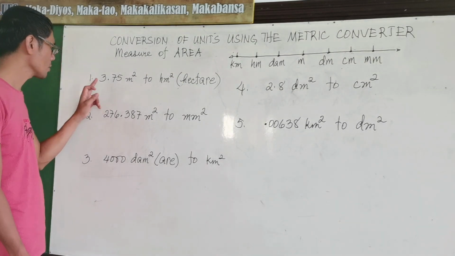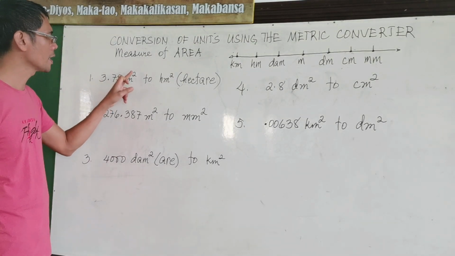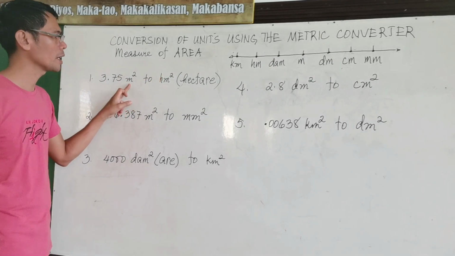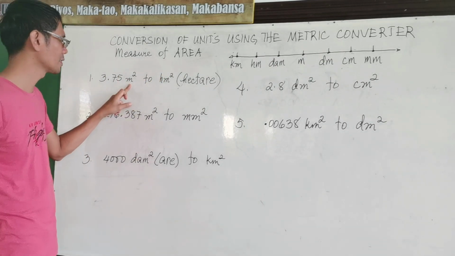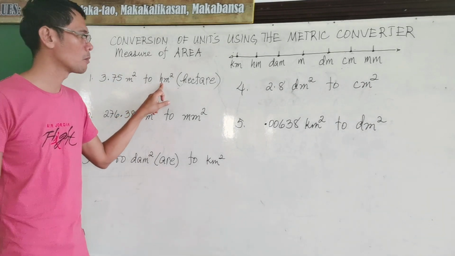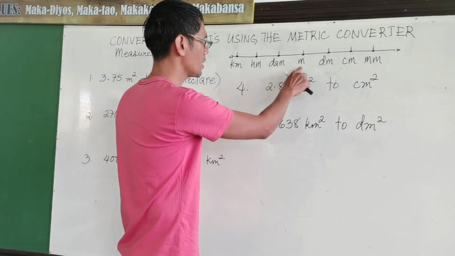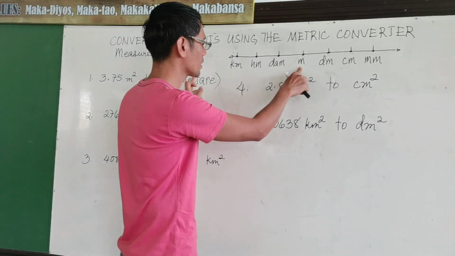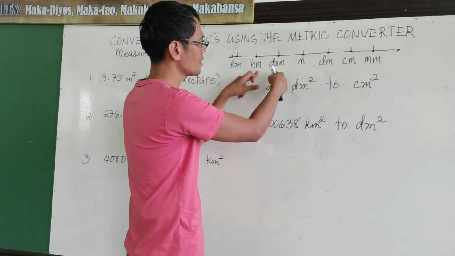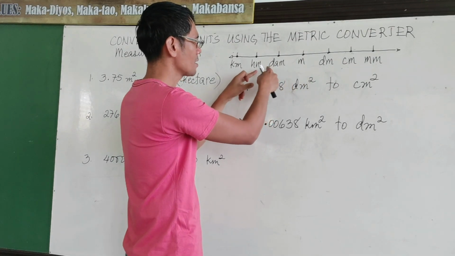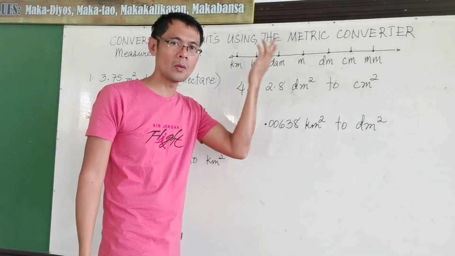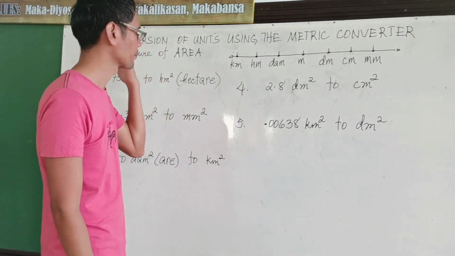So meter square to HM square. We're going to locate in our metric converter the units meter and HM or hectometer. So here is our meter and here is our hectometer. How many spaces between them? There are 2 spaces going to left.